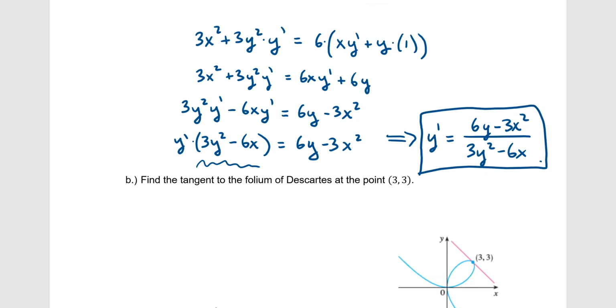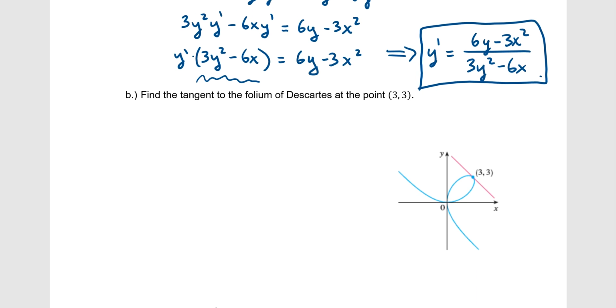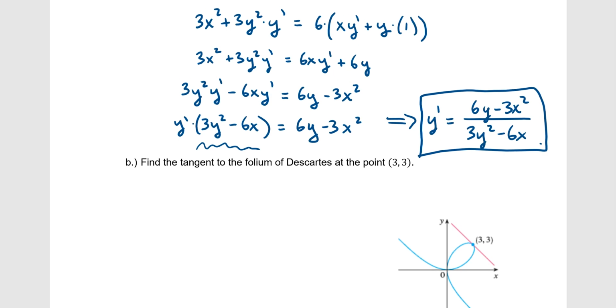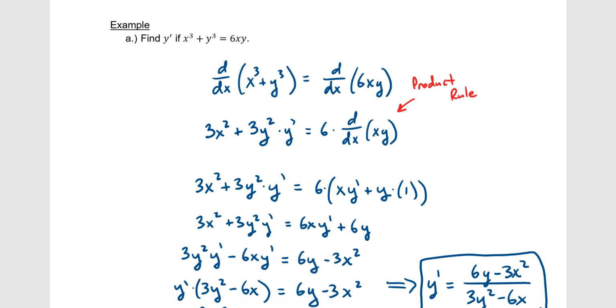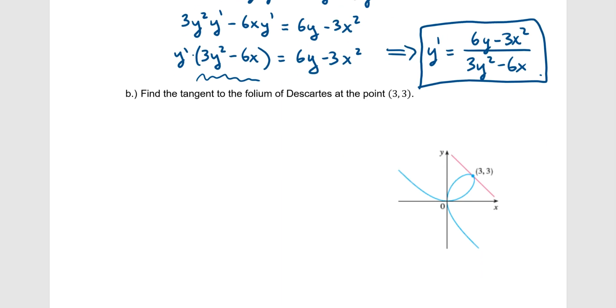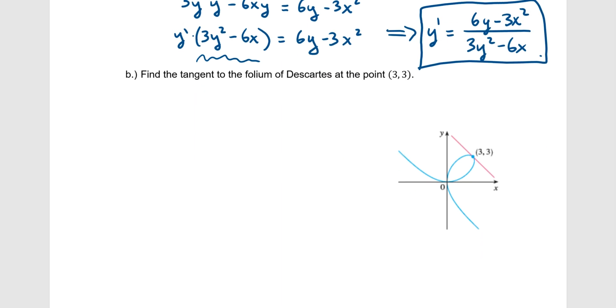Okay, let's go ahead and find the tangent line. Find the equation of the tangent line to this folium of Descartes at the point (3,3). So that's what we just did. This was the folium of Descartes example that we saw a few pages ago. So there's the derivative, and we want the equation of the tangent line. So we have point-slope form.